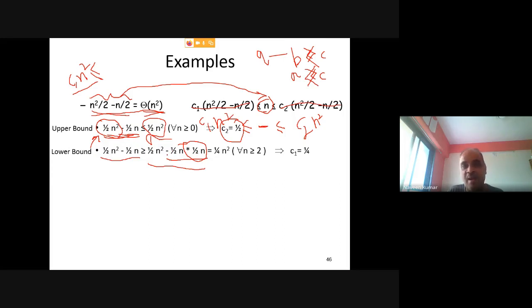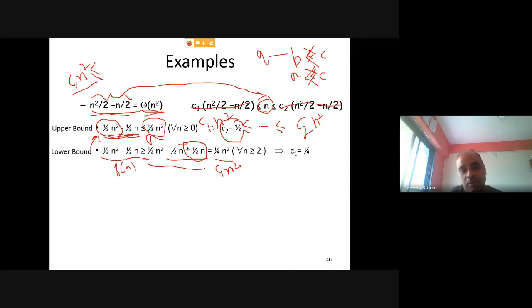So half of n square minus 1 by 4 of n square gives you 1 by 4 of n square, right? So indirectly, this is basically your c1 into n square. So c1 into n square should be less than or equal to half of n square minus half of n.